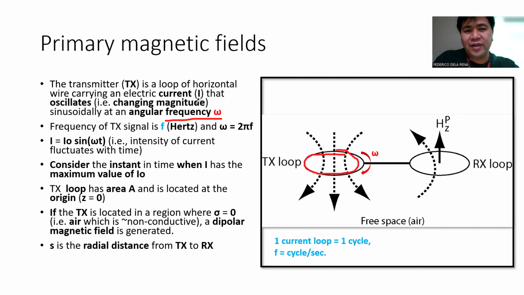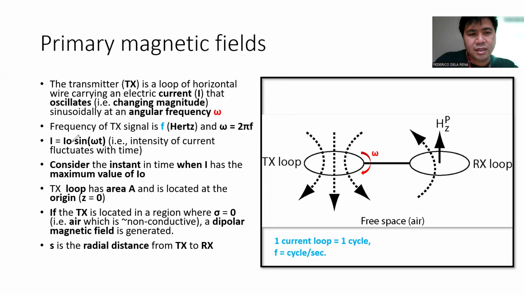So it has an angular frequency, meaning angular frequency is just how fast it's rotating or circulating around the loop.